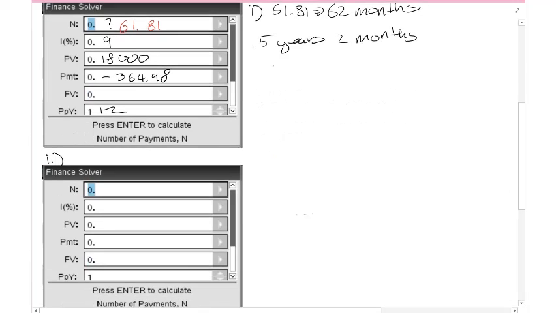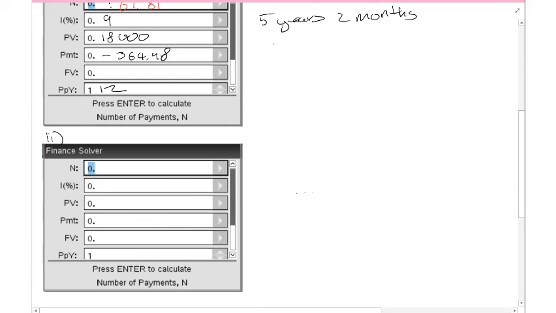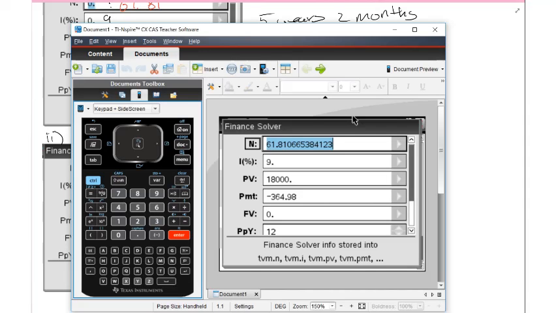So what we do is we put in our payment, negative 364.98. This becomes 61 because we know 61 full repayments. That's 9. That's 18,000. That's 12. And if I put that into the calculator, and I go to final value, I'm going to enter.